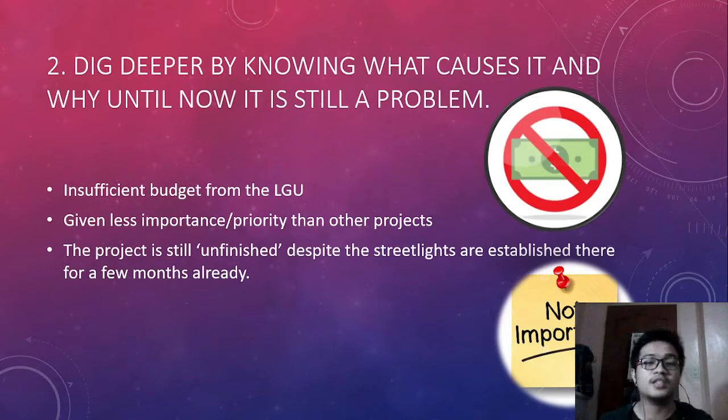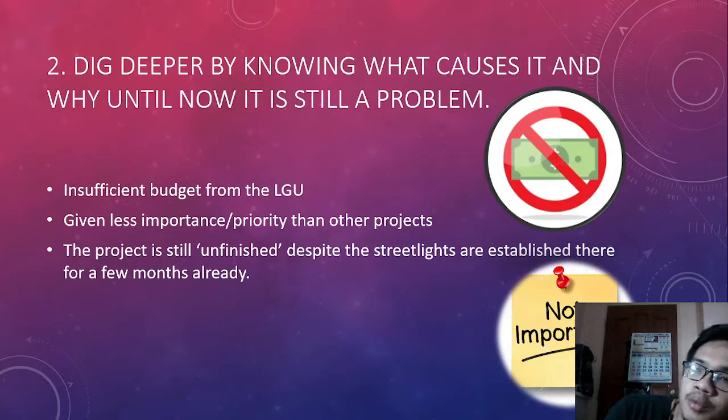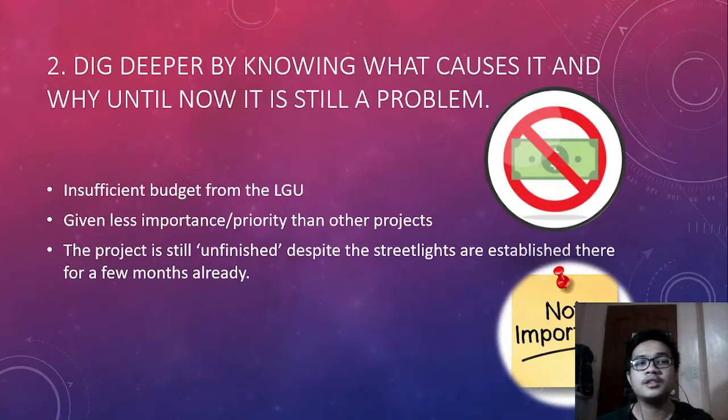It's given less importance and priority than other projects. And the project is still unfinished despite the streetlights being established there for a few months already. I don't know exactly the date, but it was still around last year. And now, in February, it's still not working. So it poses many problems for our residents here.